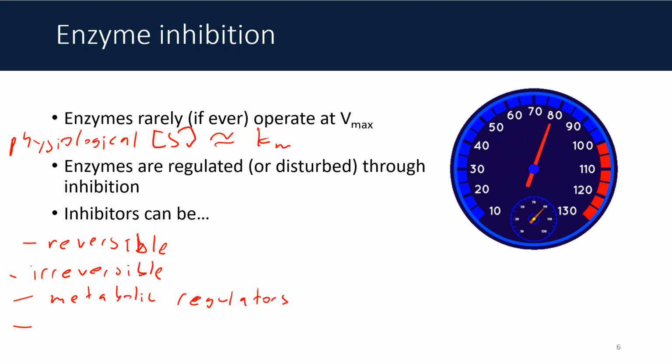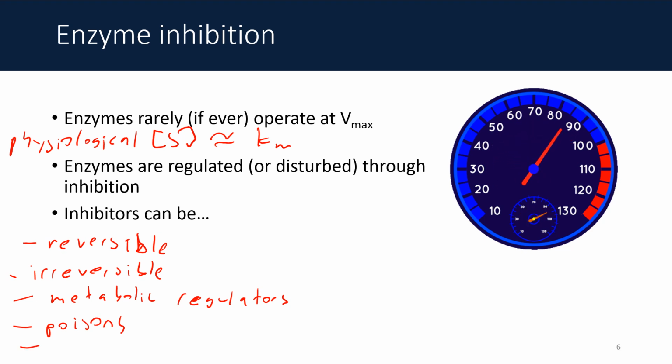And these are good things. They make sure that, again, we're using our resources wisely. However, sometimes inhibitors are not good. They're poisons. A poison, very often, is a compound that shuts down a necessary enzyme for bodily function.